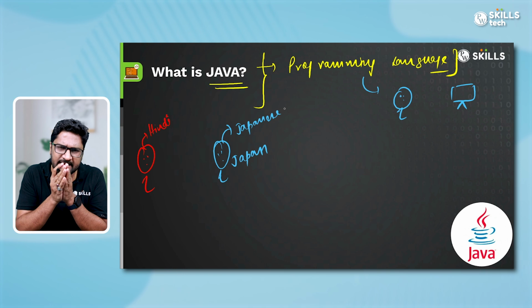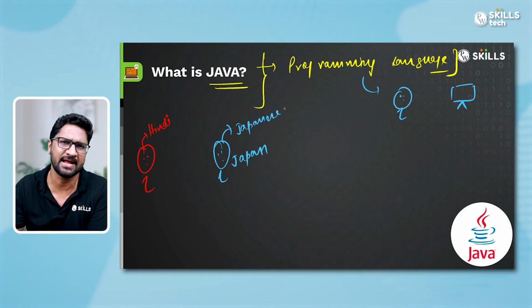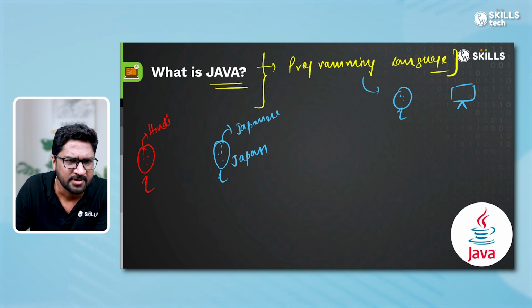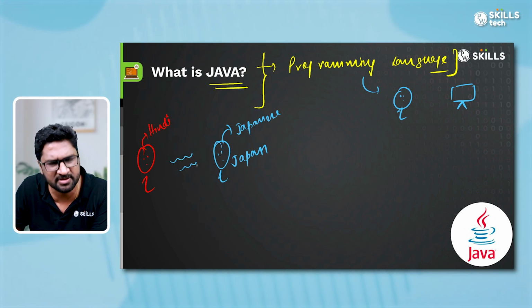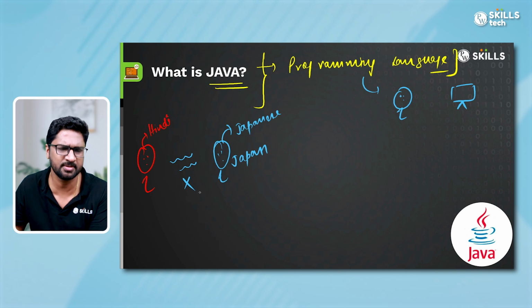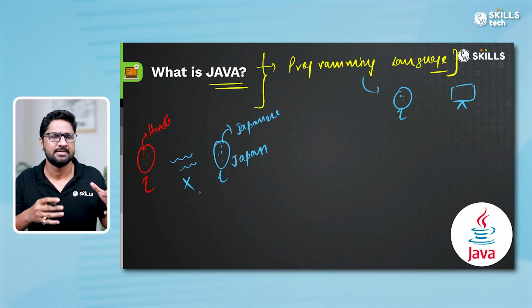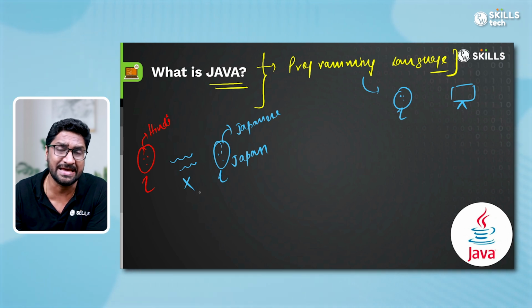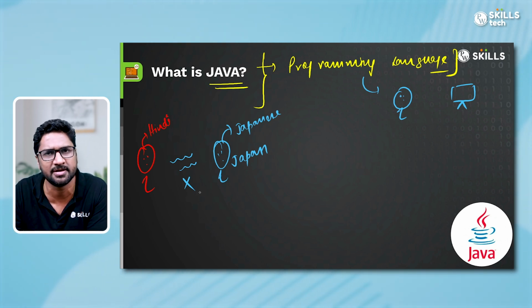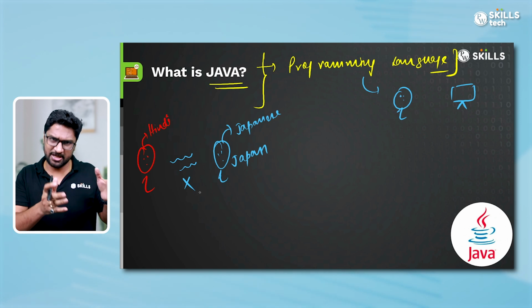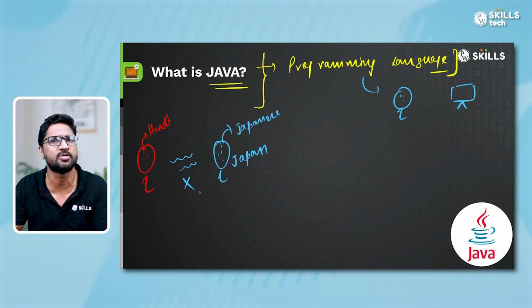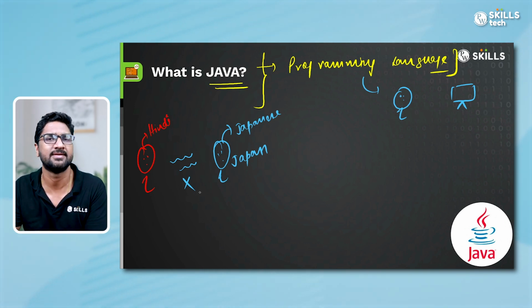Do you think there could be any conversation between these two persons? It's not possible, because if I'm talking Hindi, that person who understands only Japanese doesn't get any context out of the conversation. So how can I make sure that what I speak, that person understands, and whatever that person is trying to say, I am able to understand?